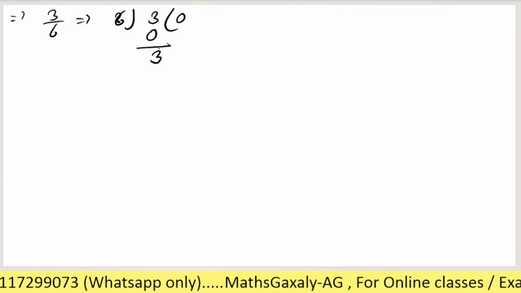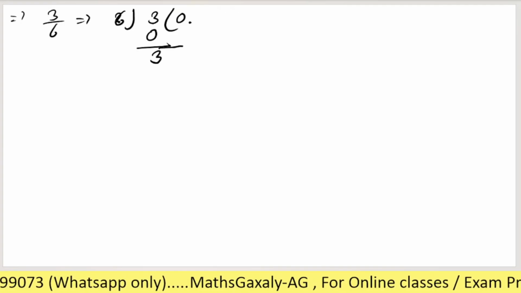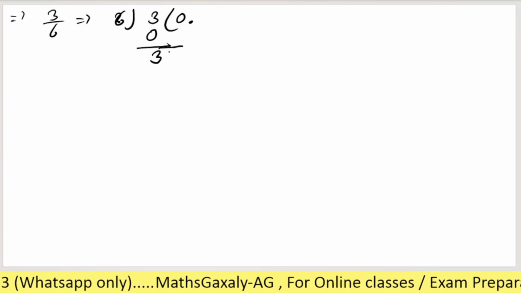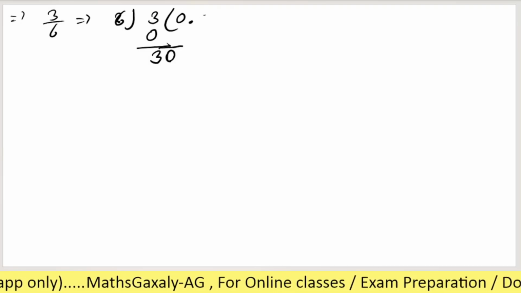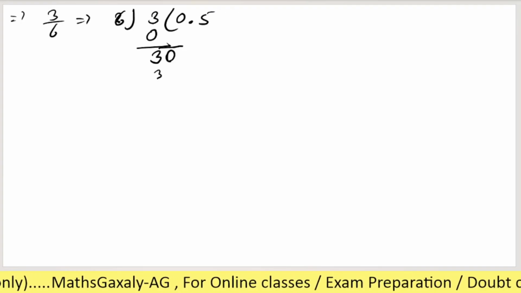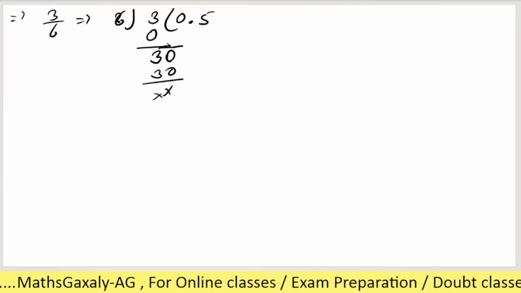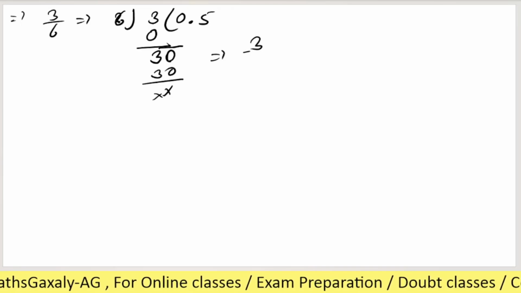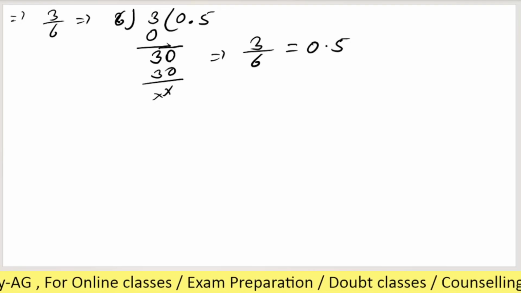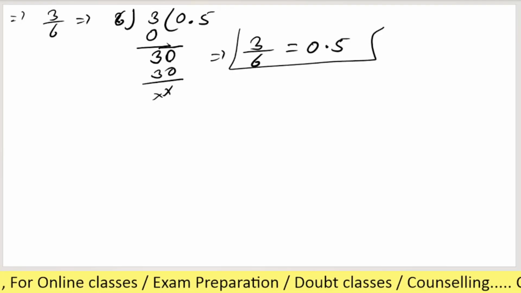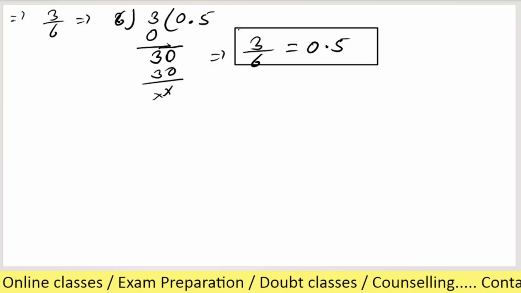Here 3, then we give a decimal and write the 0, and now we can divide it 5 times. So 6 fives are 30, right? As you can see, the value of 3 by 6 is also equal to 0.5, right? Yes, sir. It is equal to 0.5.